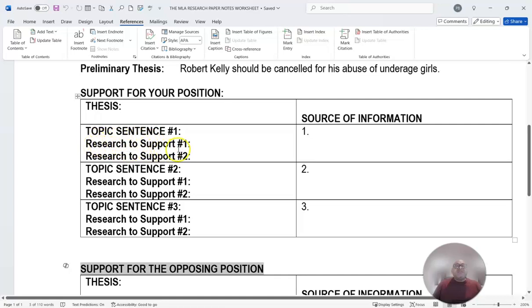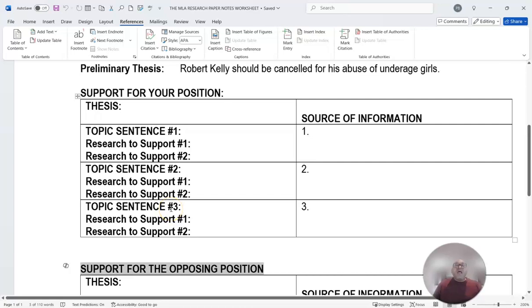It says research to support number one. So number one is going to be topic sentence number one. You're going to find me two pieces of research from your working bibliography to help you support topic sentence number one, topic sentence number two, and topic sentence number three.